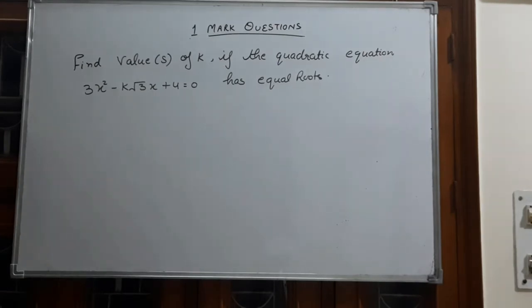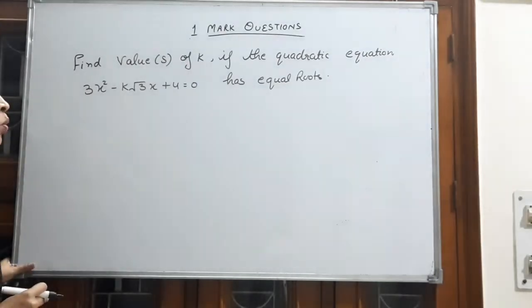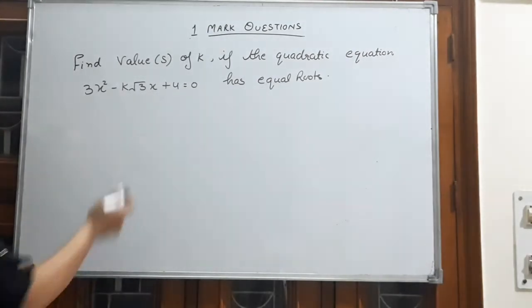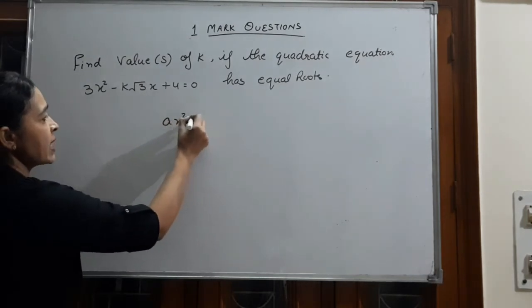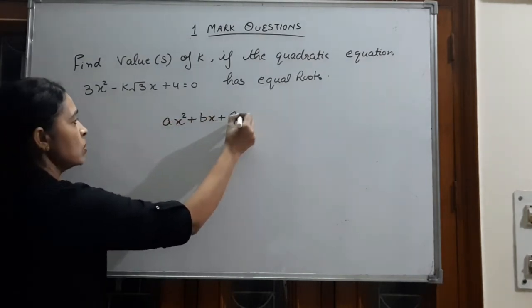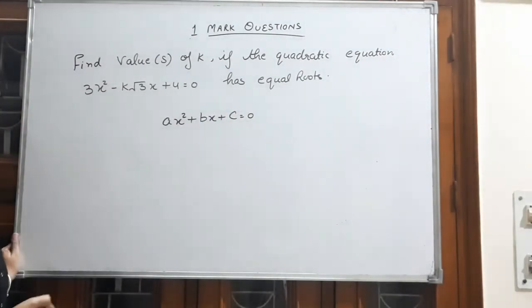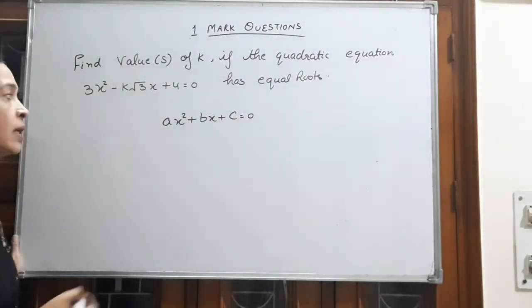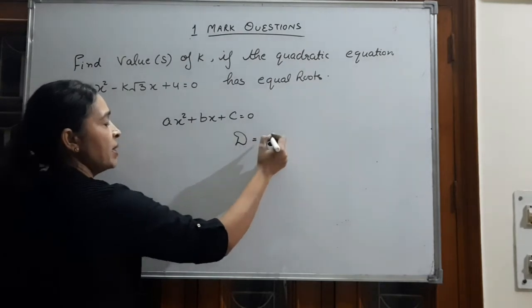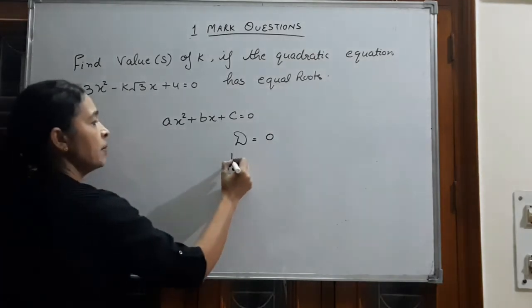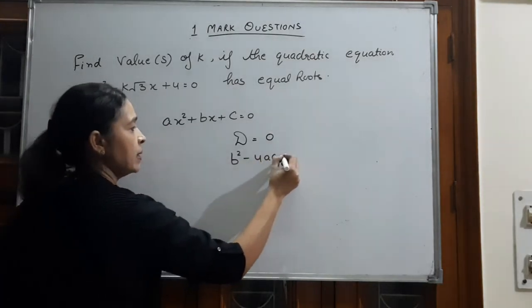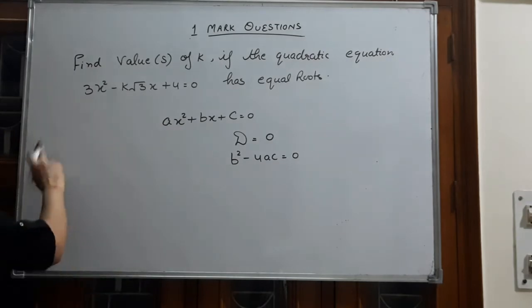Find the value or values of K if the quadratic equation 3x square minus k root 3 x plus 4 equals 0 has equal roots. For a quadratic equation whose general form is ax square plus bx plus c equals 0, if it has equal roots, it means the discriminant D equals 0. The formula for the discriminant is B square minus 4ac equals 0.